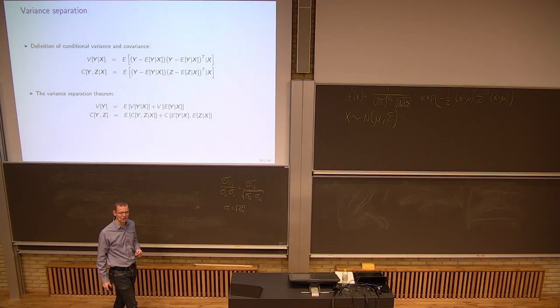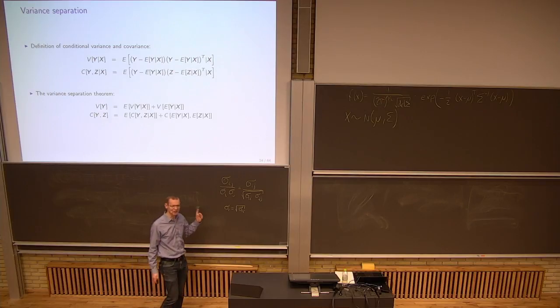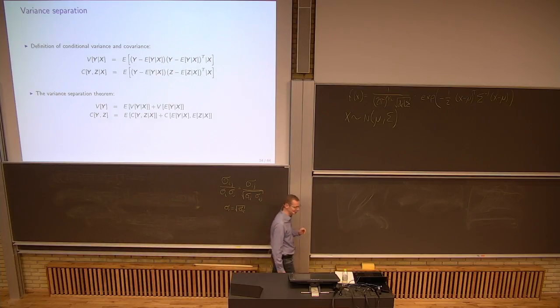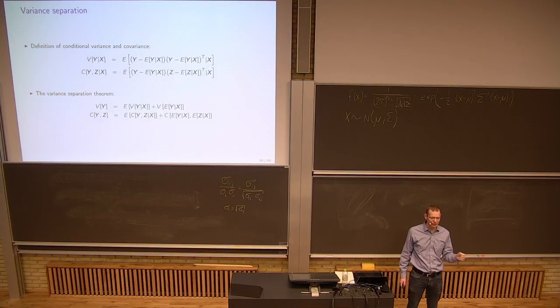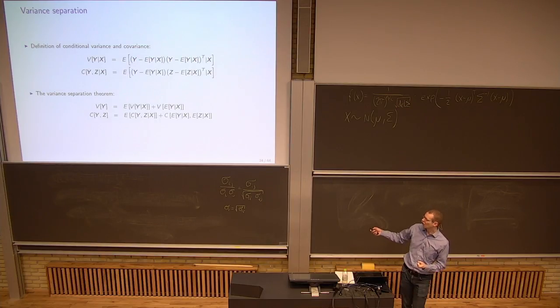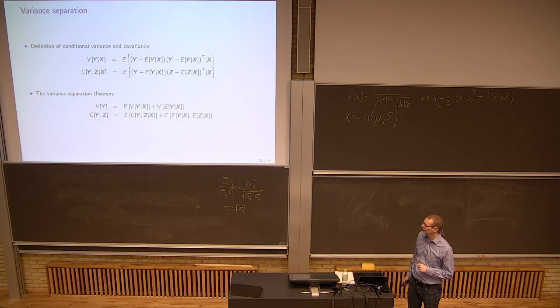There's too many words to say in that sentence. It's easy to read, I hope at least. But the underlying thing is, if there is some underlying stochastic variable x that can make calculations easier, often it helps to separate the variance in this way.